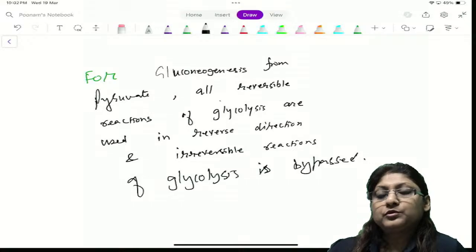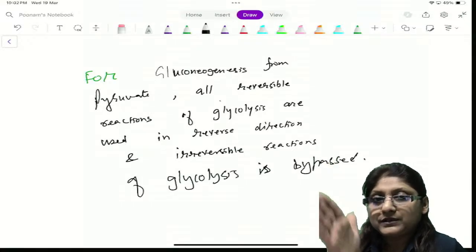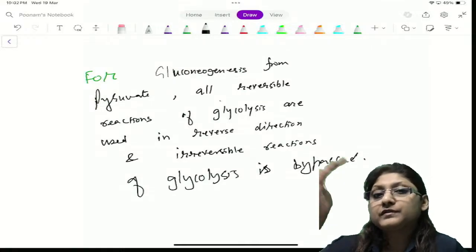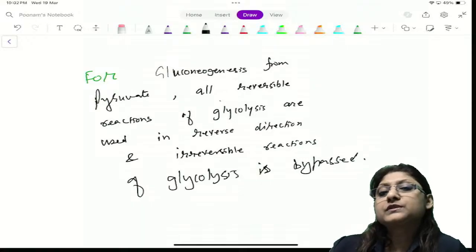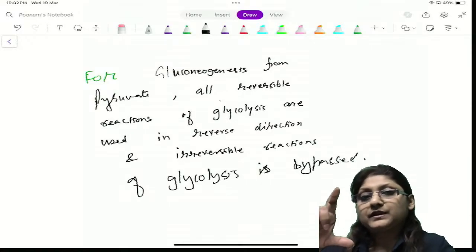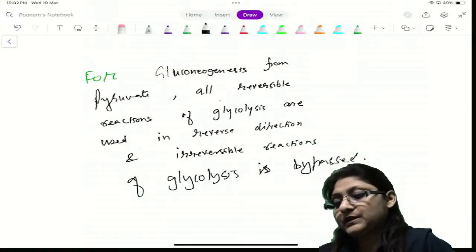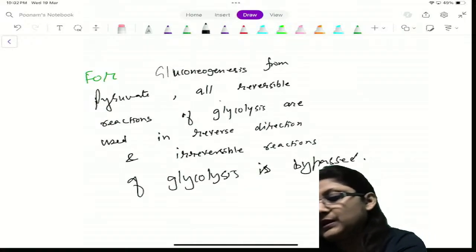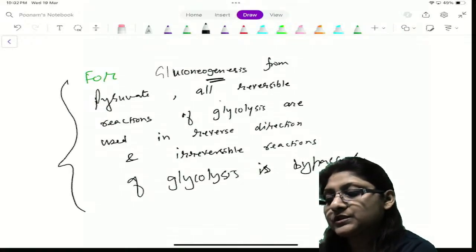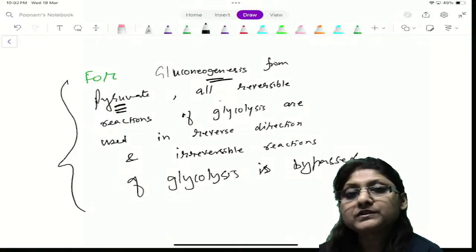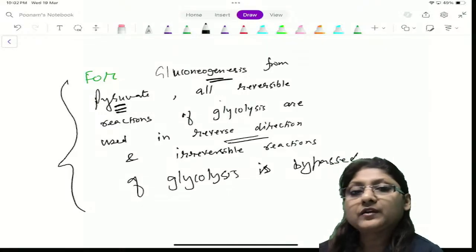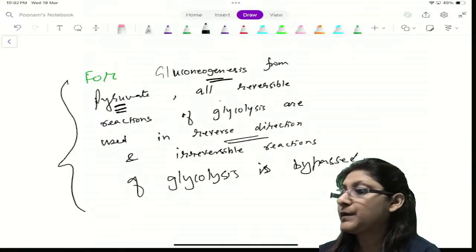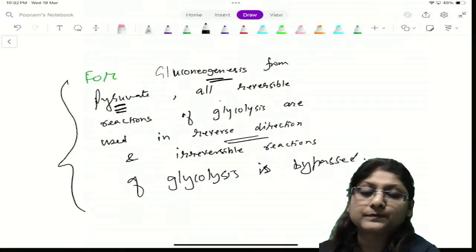So if I am talking to you about making glucose from pyruvate, I need to talk about that skeleton of glycolysis only in the reverse direction, where all the reversible reactions are used in the reverse direction and irreversible reactions are getting shunted, getting bypassed. So that is what I have written here. For gluconeogenesis from pyruvate, all reversible reactions of glycolysis are used in the reverse direction and all irreversible reactions are bypassed by a new set of reactions.